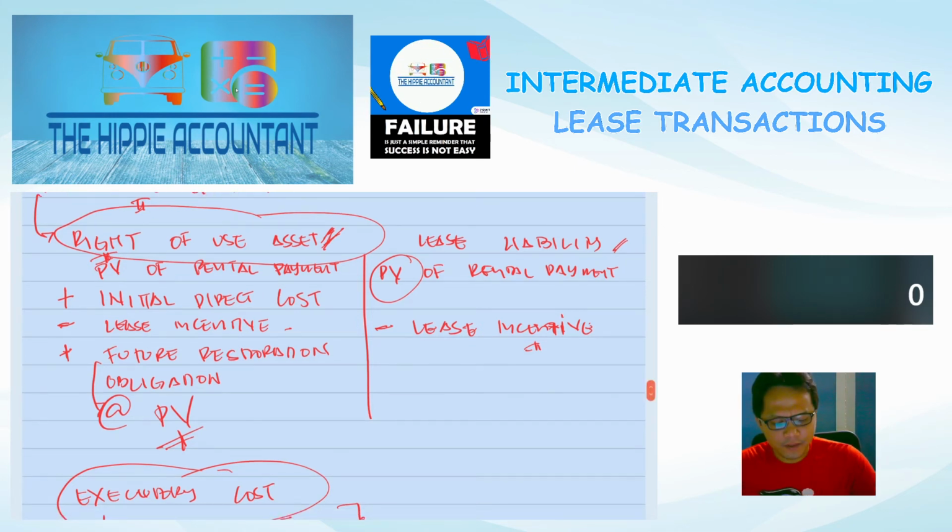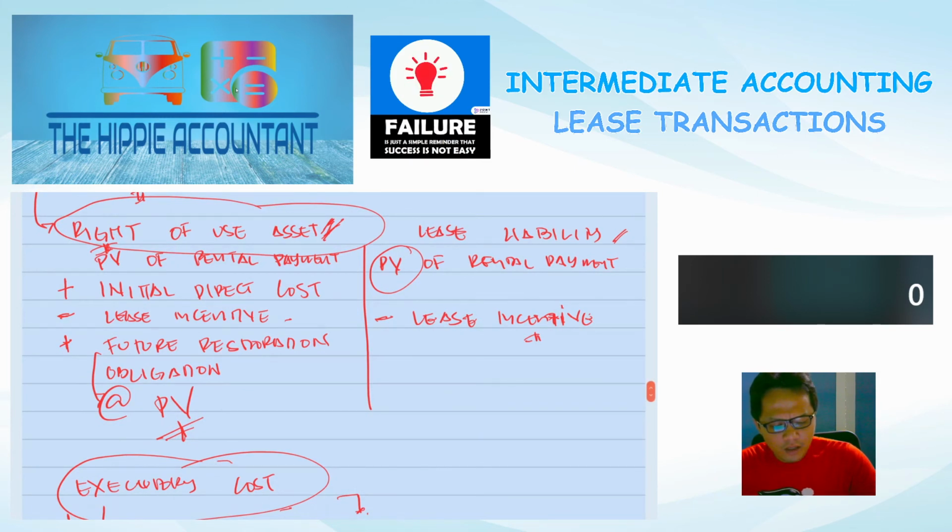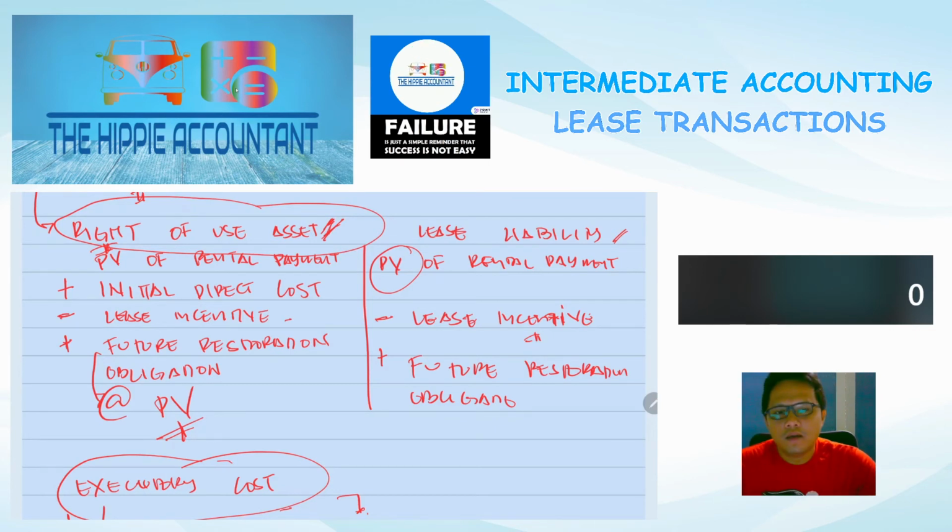Klaro yun siya. Next is that itong future restoration obligation, that will be part of your lease liability also. Kasi nga, in the future mo pa siya babayaran. So basically, obviously, part of your lease liability. Okay?